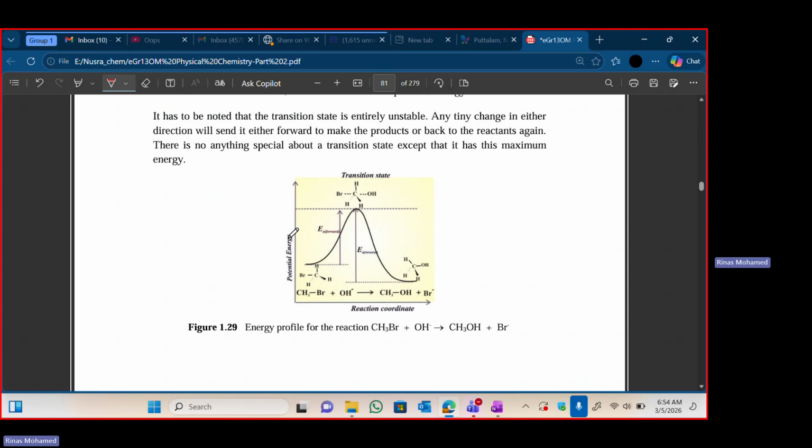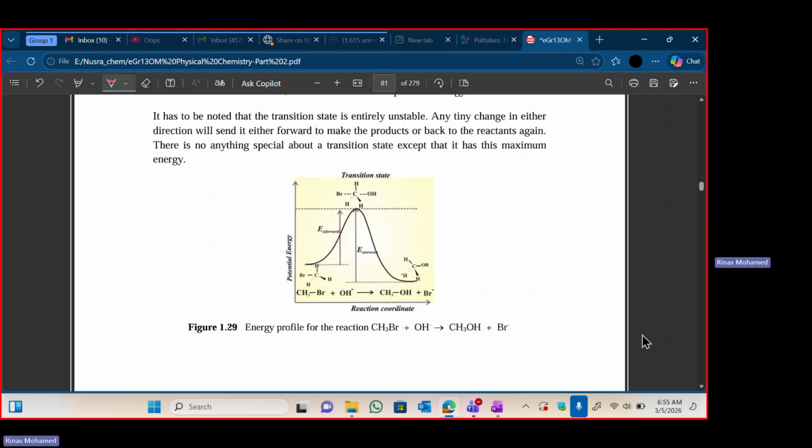Right? Then potential energy versus reaction coordinate, the overall net reaction they have drawn here. Since this is an exothermic reaction, the heat is released and the reactant is this one, CH3Br, and in the transition state I have drawn the activated complex and this product is now here.